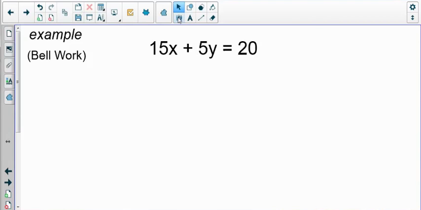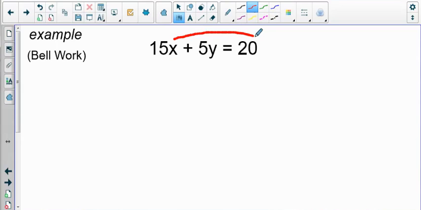Okay, so I'm going to do this with you. First of all, we want the y by itself on the left side. So the first thing we need to do is get rid of this 15x. It needs to go away. That means we'd subtract 15x from both sides. But as you know, we can accomplish the same thing simply by taking it across the equation and changing the sign.